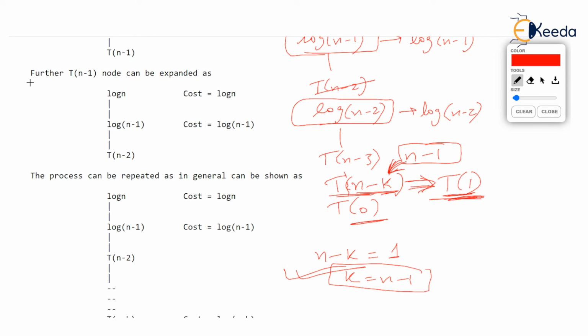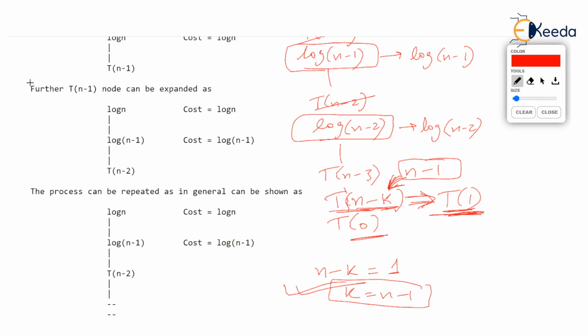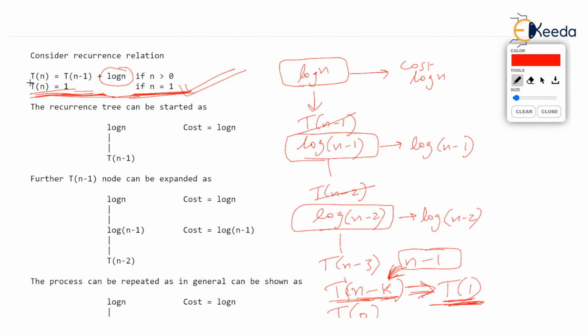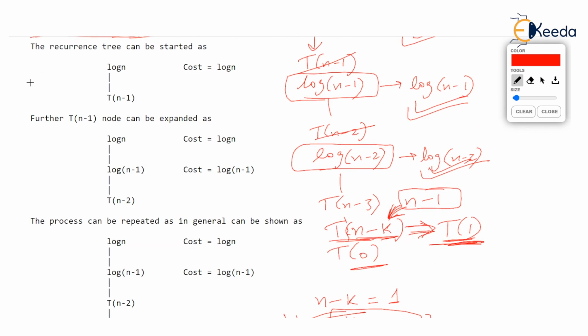And now you tell me how many levels are there in that case. The number of levels is n-1. Yes, because if k becomes n-1, the tree stops. So the number of levels is n-1. Now if you add up all these costs, you watch, the cost of each level is log n added with log of n-1 added with log of n-2, and the last level is going to have log of what?